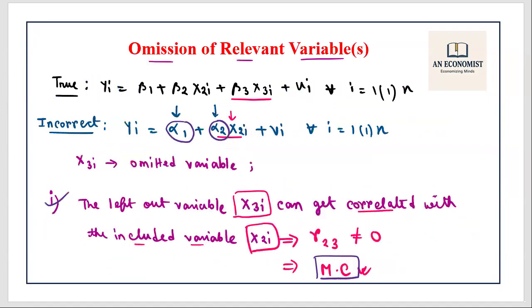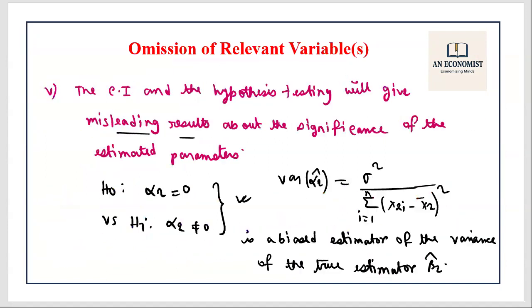So see, in the original model, the estimator is the true estimator of the true population parameter beta 2, which is beta 2 cap. And here, in the incorrect model, you are replacing that with alpha 2.